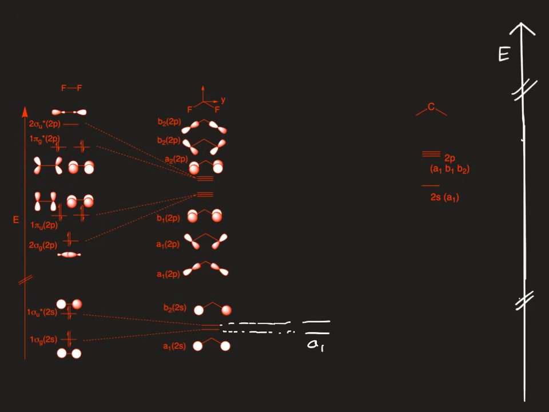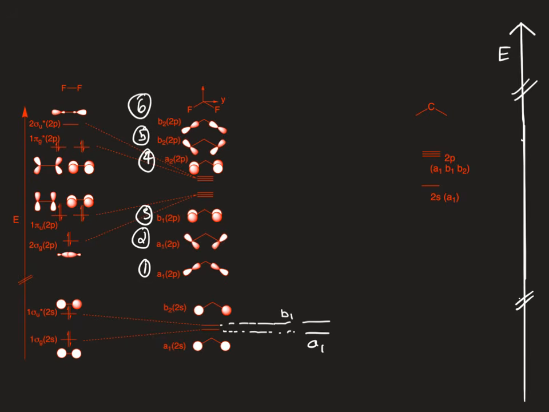So you have that A1 and then that B1 that are being brought across as being non-bonding. And they're going to look very similar to the SALCs that we have here. I'm going to label the fluorine-based SALCs with numbers so that we can see where these various combinations are coming from.